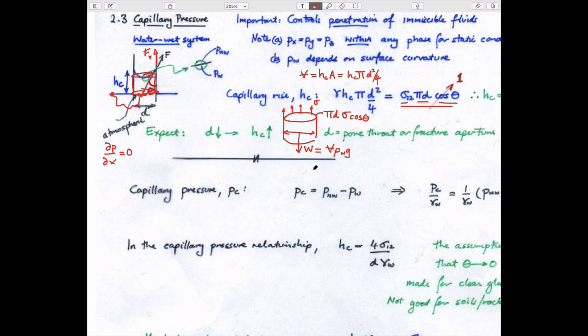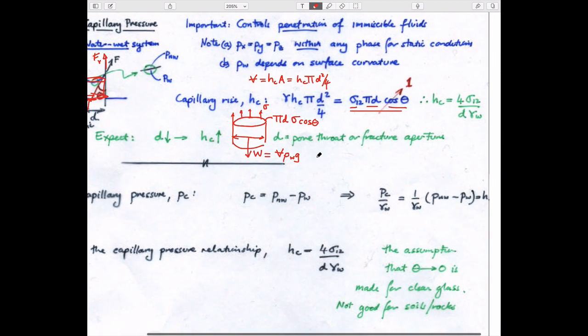And so we'd be interested really in what hc is. We don't know that. That's what we might like to find out. And so we can take this expression and rearrange it in terms of hc. And if we do that, we end up with this expression here. And all that does is it tells us that the height rise is a function of two important parameters.